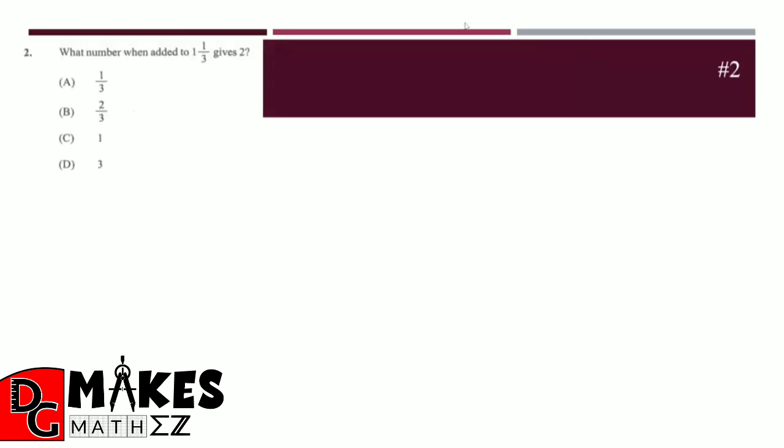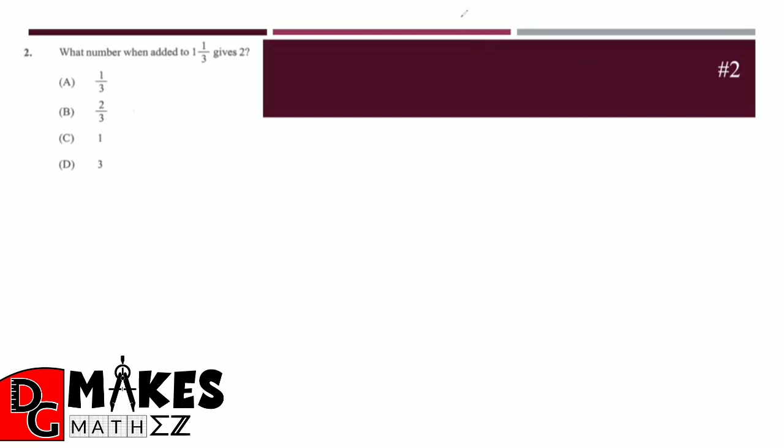Question number 2 says, what number, when added to 1 1/3, gives 2? Some persons can do this straight off the top of their heads and simply say, what can I add to 1 1/3 to give me 2?